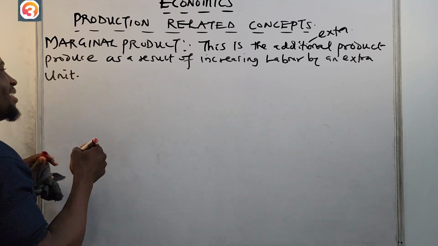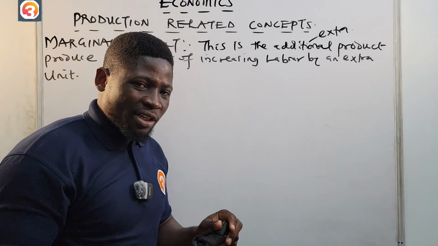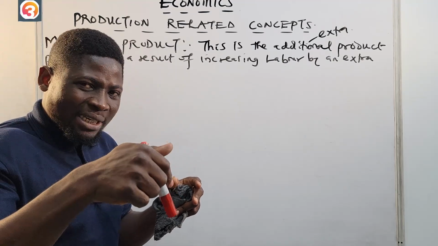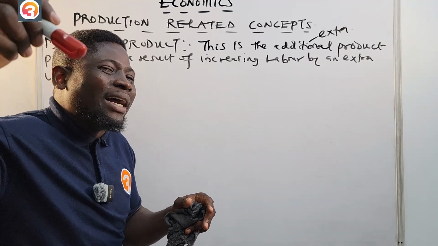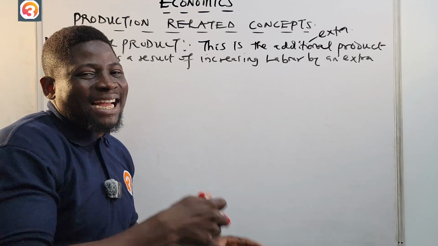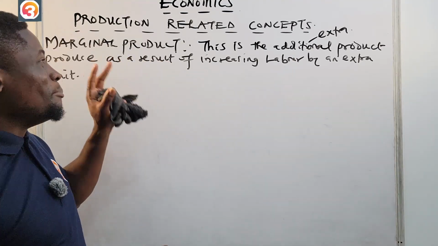You have 5 laborers working for you before, but then you employed one more. What is that extra or additional unit, that 6th laborer you're employing, adding to it? So that is what the marginal product is.